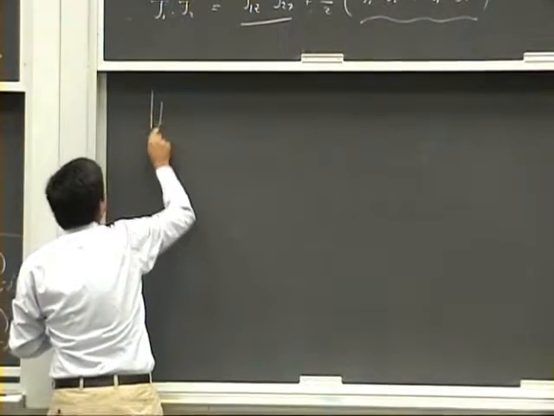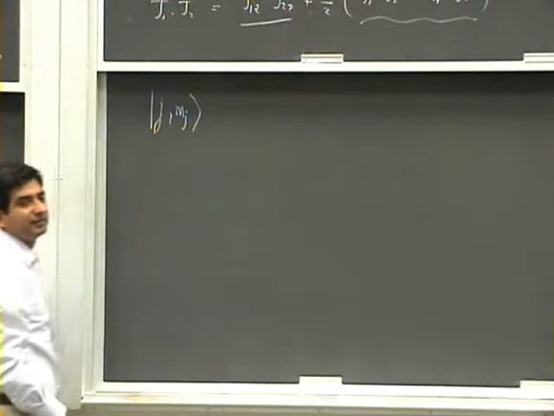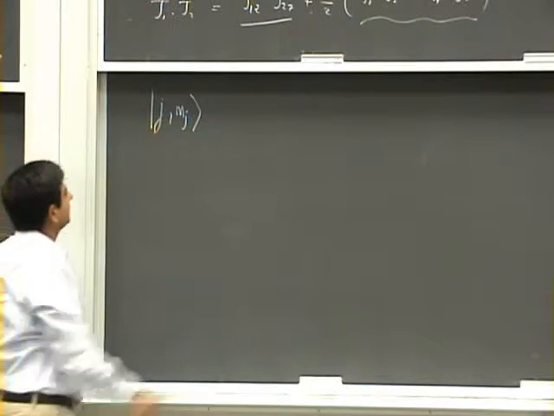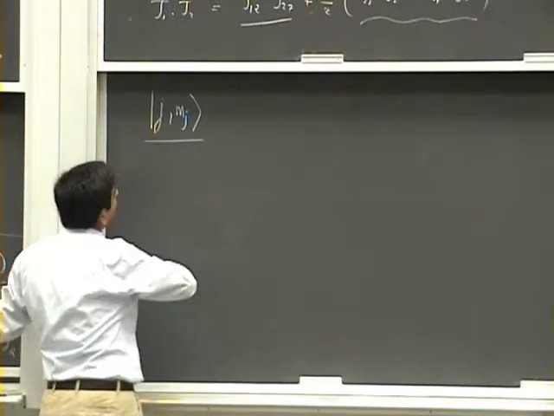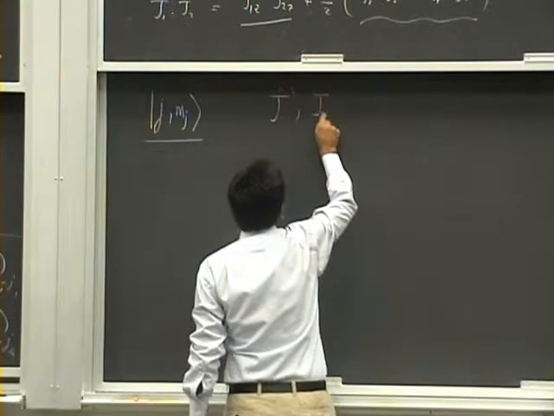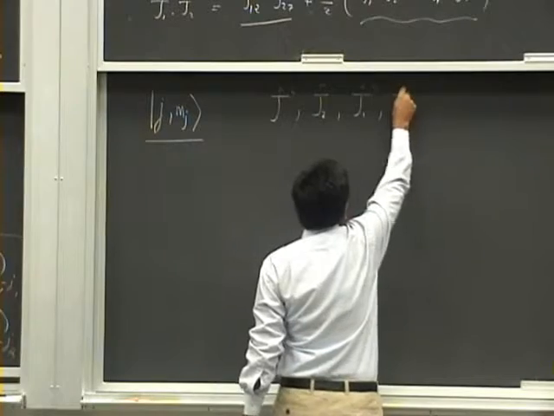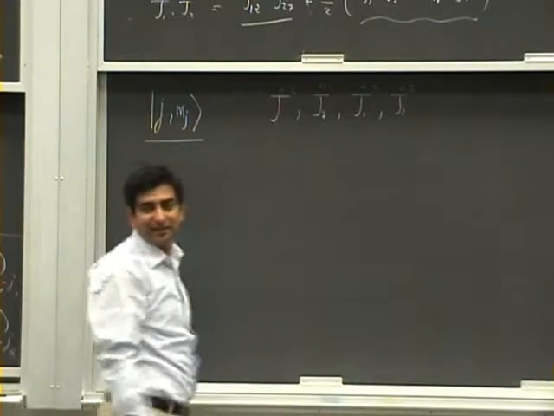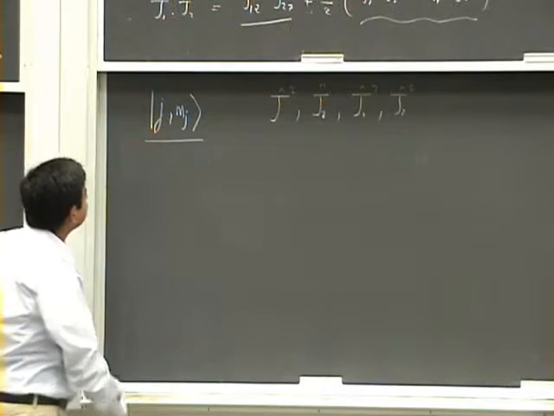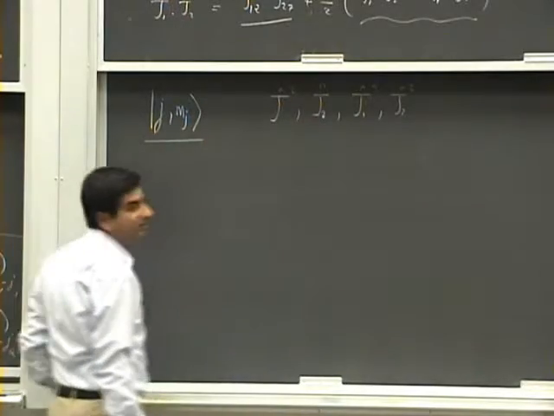So |j, mj> are angular momentum states, right? Now these are joint eigenstates of J squared, Jz, J1 squared and J2 squared, and they are not eigenstates of J1z and J2z. Now let's find out what happens when we act these operators upon these states.